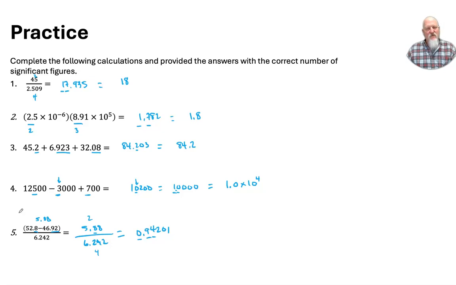The number after the 4 is a 2, so we're not going to round up, we're going to round down. So 0.94 would be my answer, 2 significant figures. Right? I know this is probably the first time you've seen this. If you're not quite understanding this, please come and see me in office hours or drop me an email, and I'll try to clear things up for you.